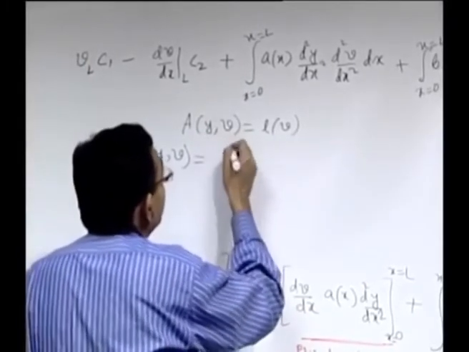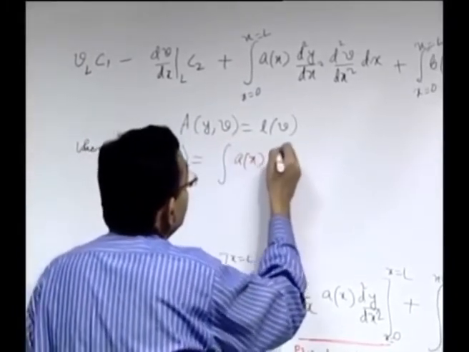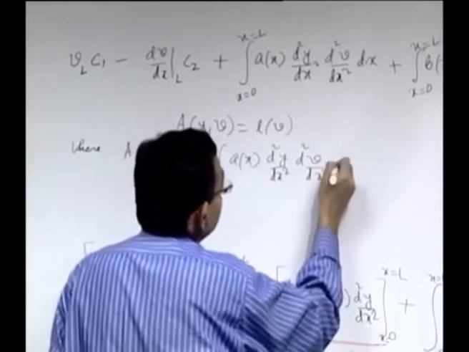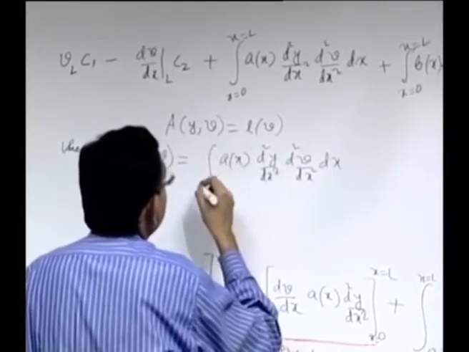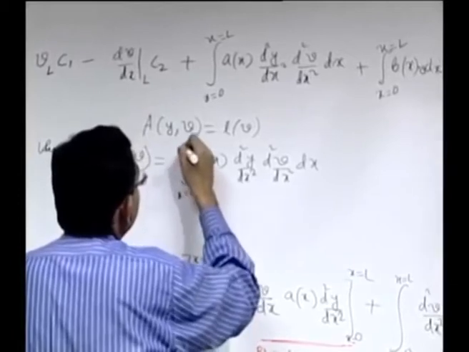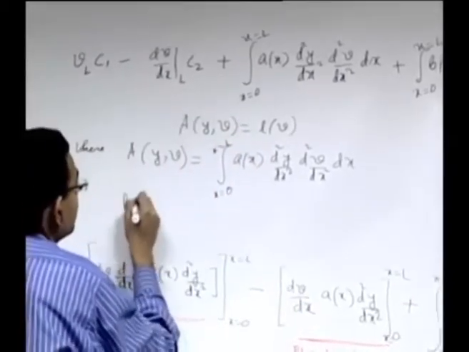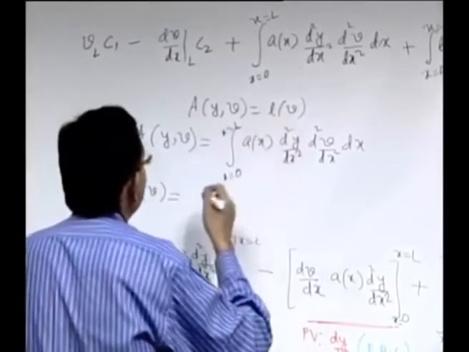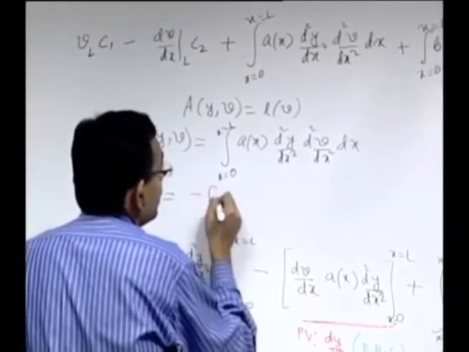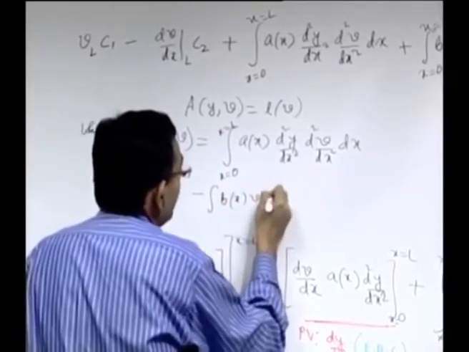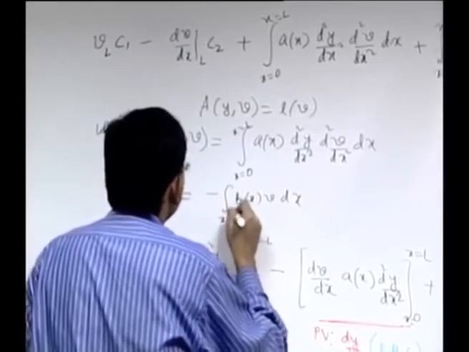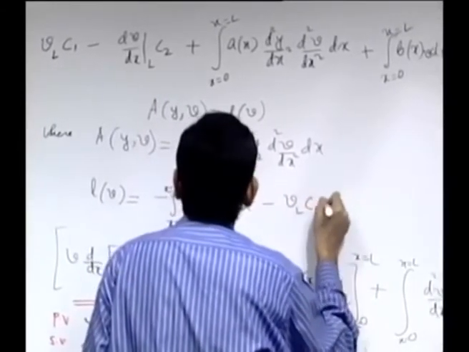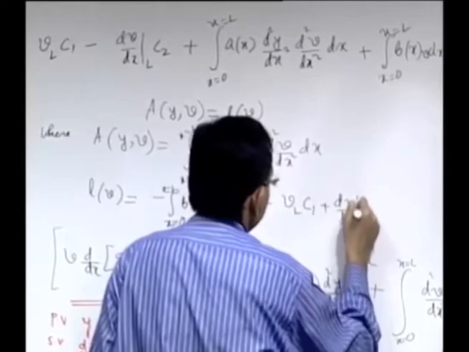It is integral of a d2y dx2 d2v dx2 dx, from x equal to 0 to x equal to L. What is L v? Whatever you take on the other side. So, minus integral of B v dx minus v L C1 plus dv dx at L C2.